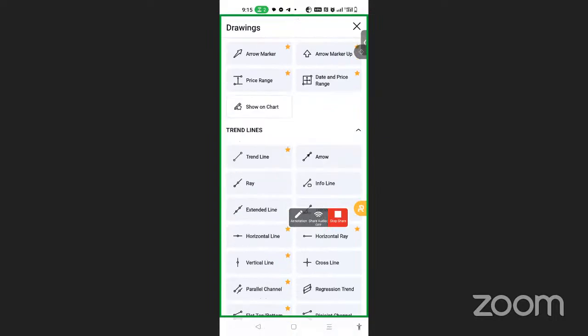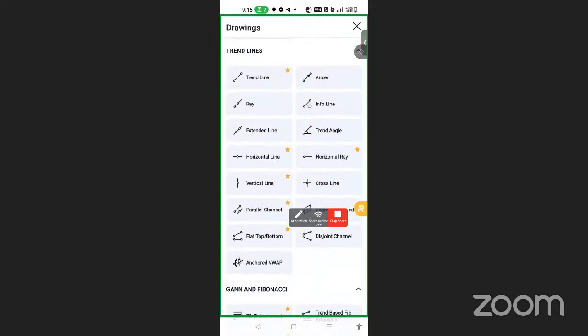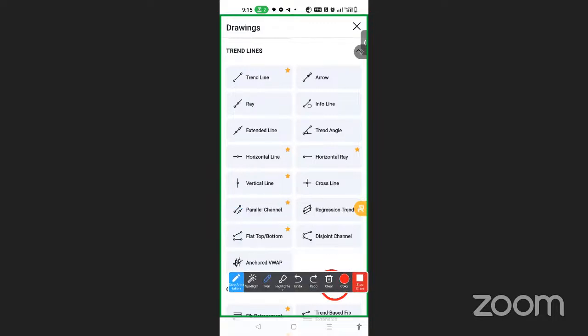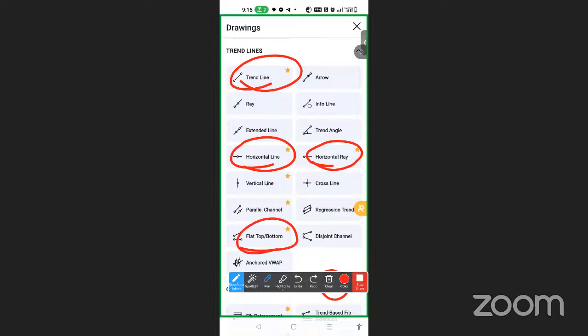There are several trend lines, and I'm going to focus here. You see the topic trend lines. We shall look at a trend line itself, the horizontal line, the horizontal ray, the flat bottom, and also the parallel channel.